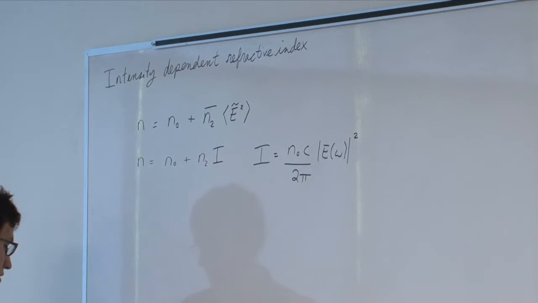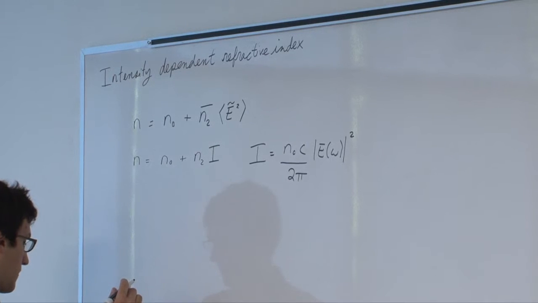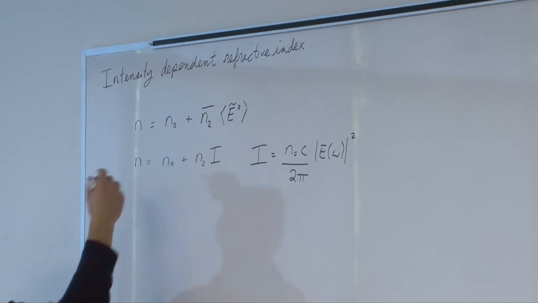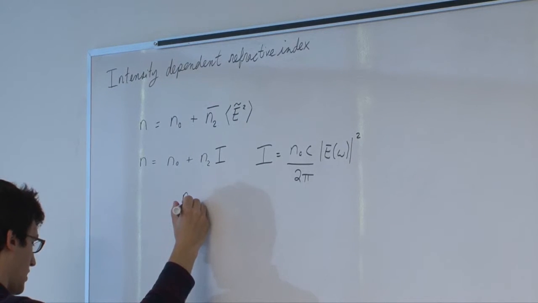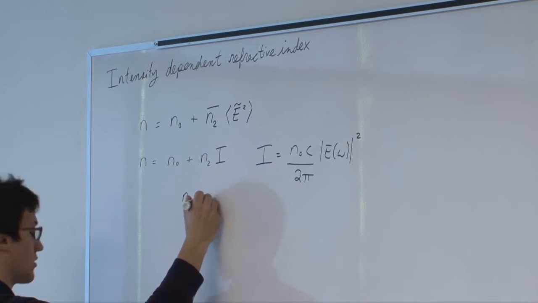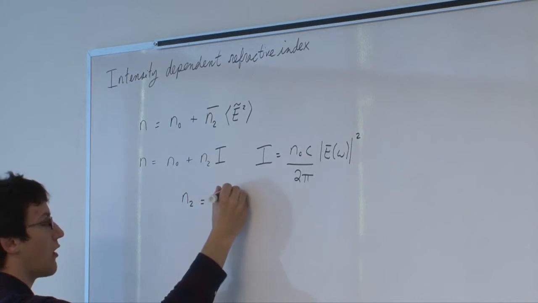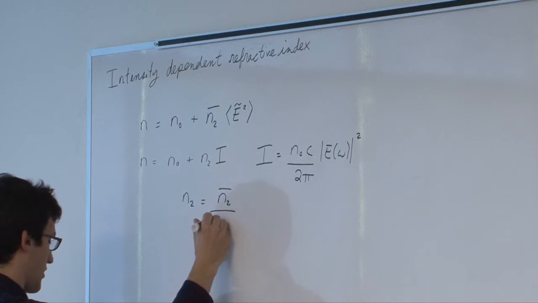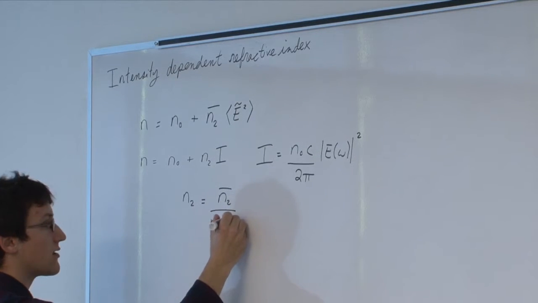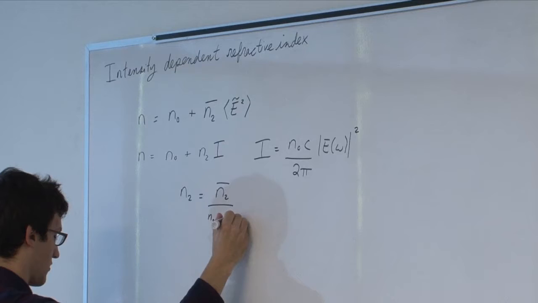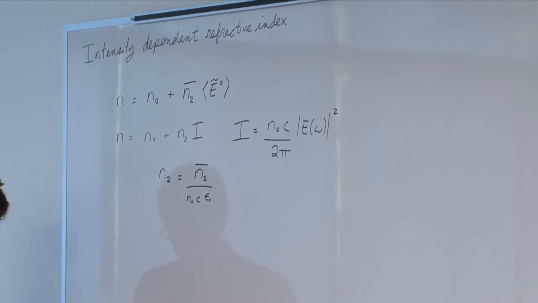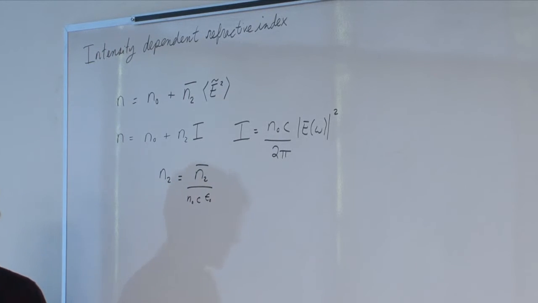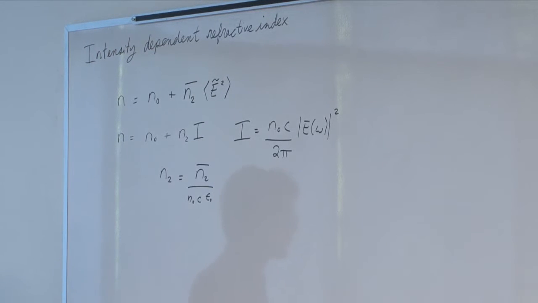Because those two expressions must be equivalent, one can find that N2 is equal to N2 bar divided by n naught c epsilon naught. It is more practical to use intensity simply because this is the quantity we use in the laboratory, right?